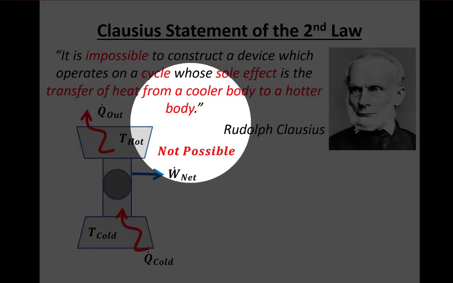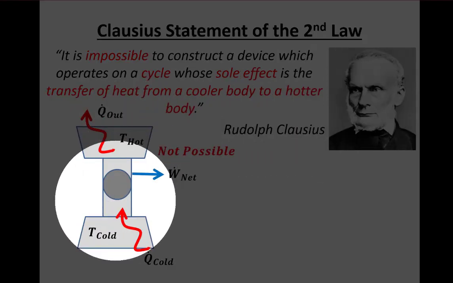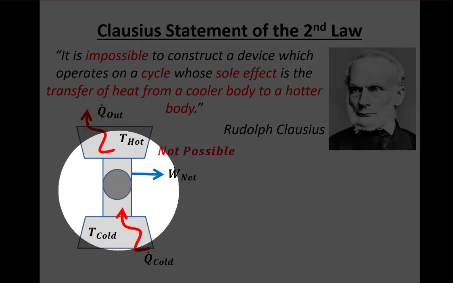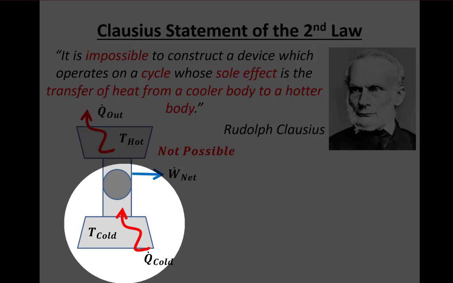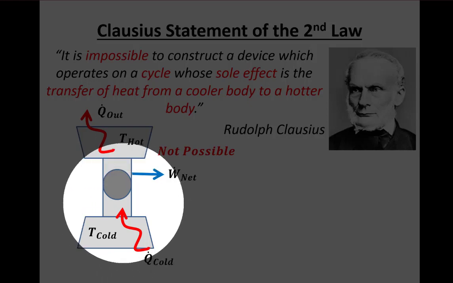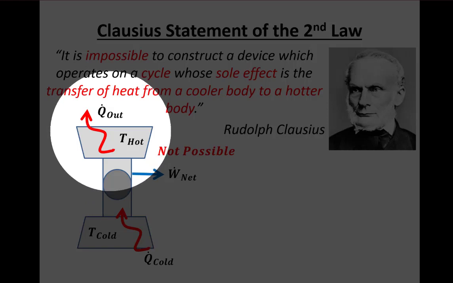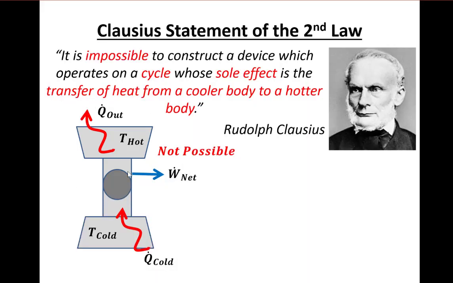So here, what Clausius told us is that yes, it's possible to make a device that removes heat from a colder place and ultimately dumps heat in the hot place. Now, my heat transfer professor told me about what he called the 0th law of thermodynamics, which is that heat is always transferred from high temperatures to low temperatures.